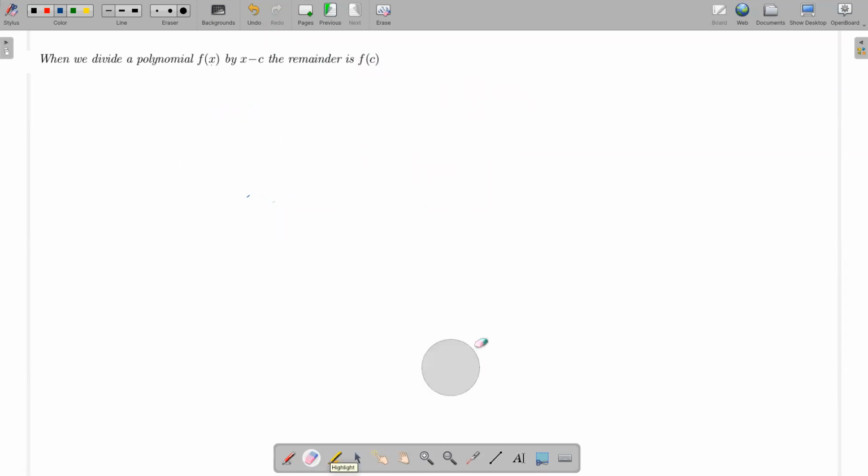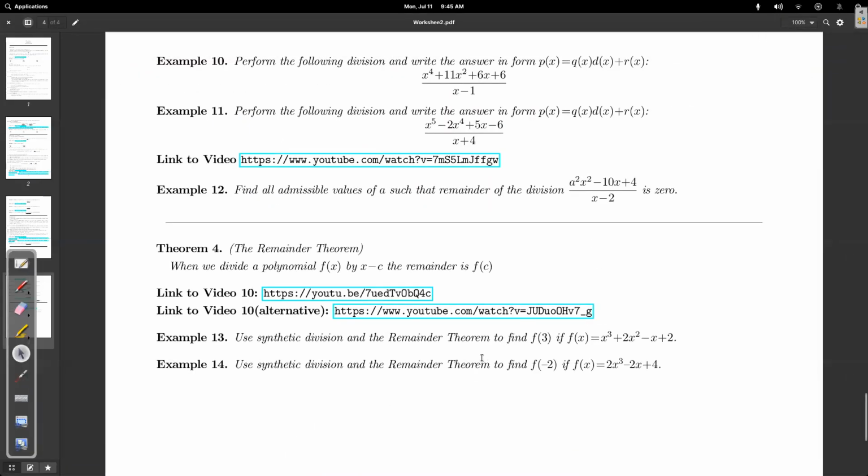Okay. So here we are asked to find f of 3.